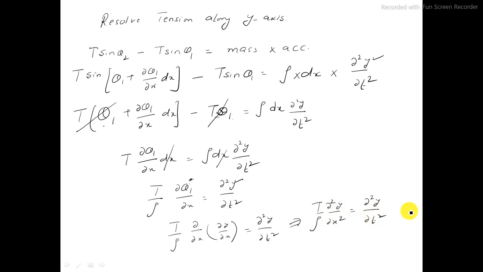So this equation we have got, and as we know that tension T is constant and mass is constant, we can assume T upon rho as a constant, which is a square. So we put the value of T upon rho as a square into partial square y upon partial x square, equal to partial square y upon partial t square.